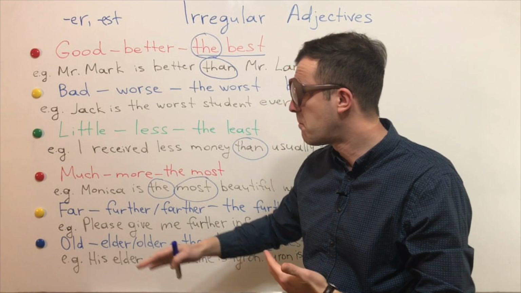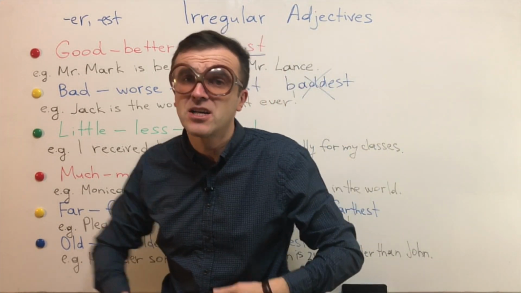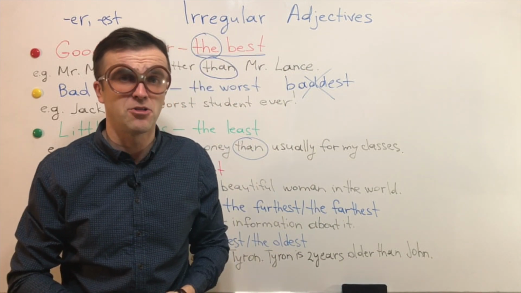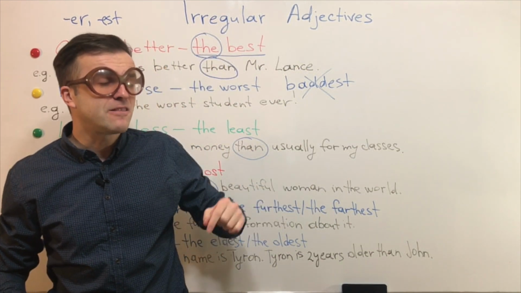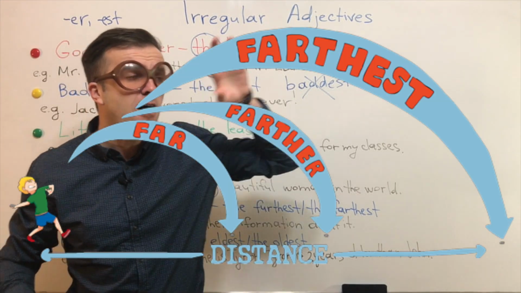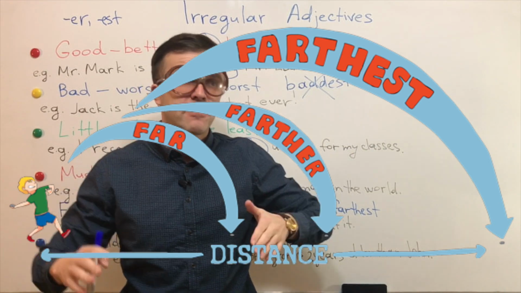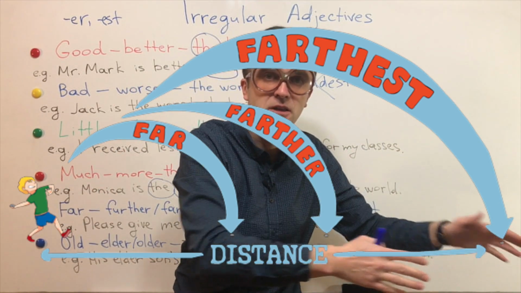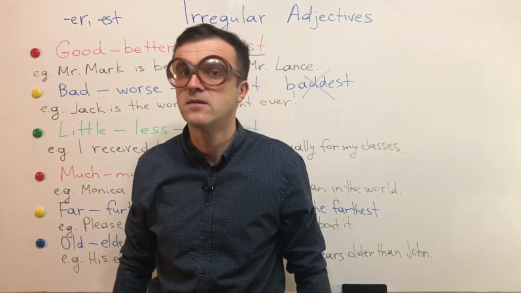So, for example, please give me some further information about it, some additional information about it. But farther, if the object is farther in the distance than the other object, okay? It's farther.